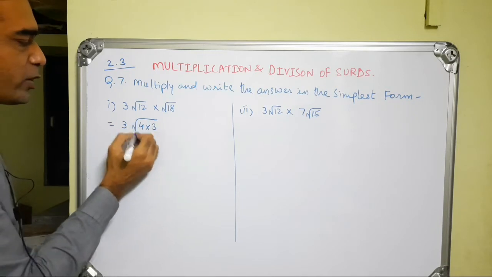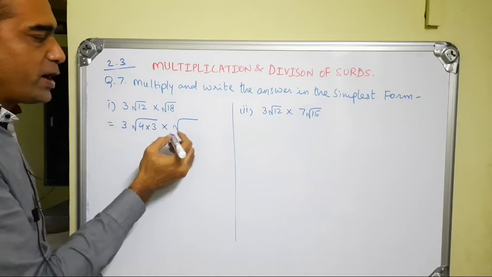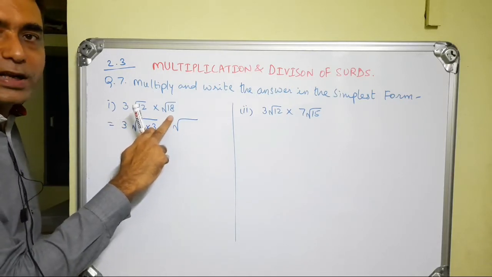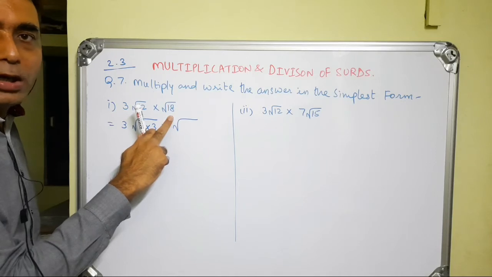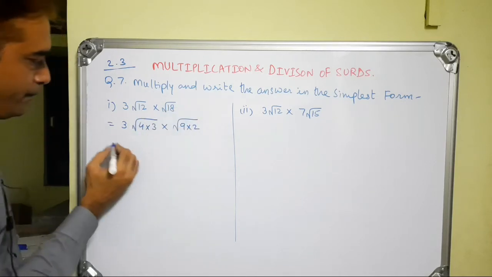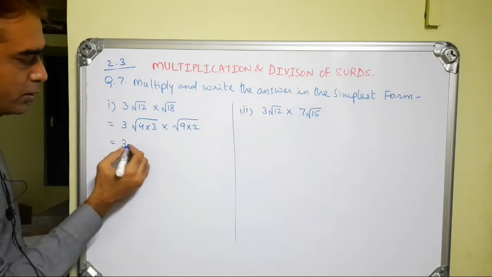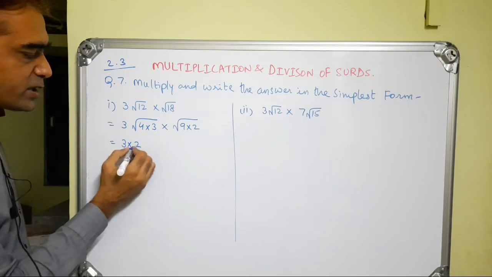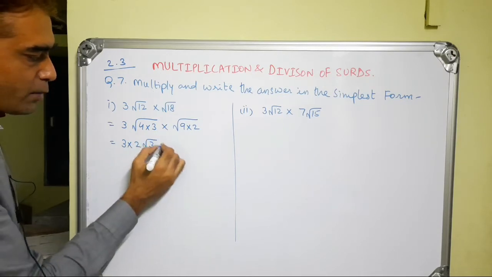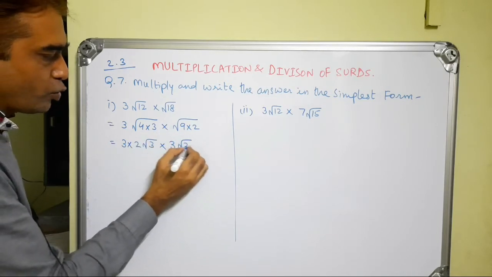3 square root of 4 into 3 multiplied by, what is the factor in 18 which is a perfect square? It is 9. 9 into 2, we will write as factors of 18. So 3 square root of 4 is 2. We'll write that 2 outside the radical sign, and the remaining factor is root 3, multiplied by square root of 9 is 3 root 2.